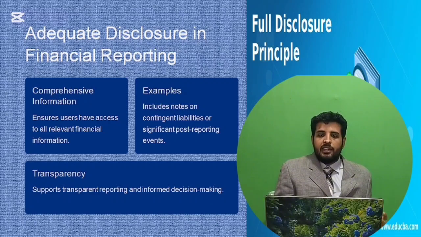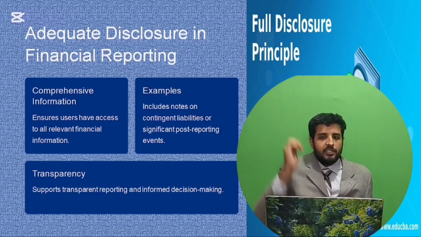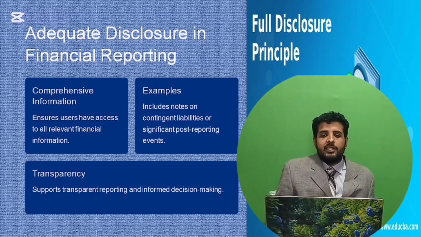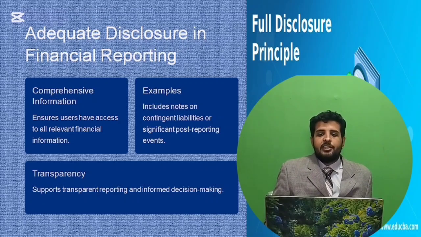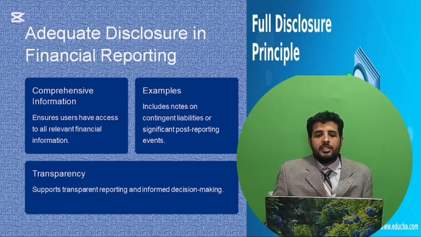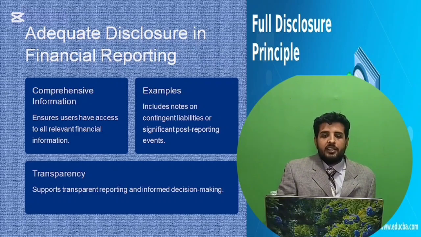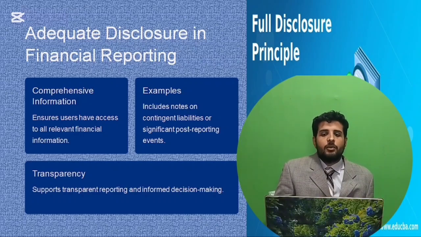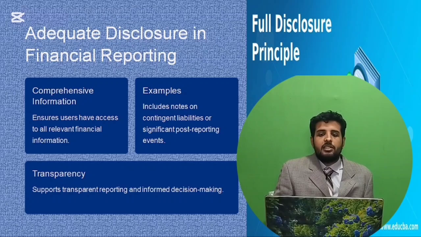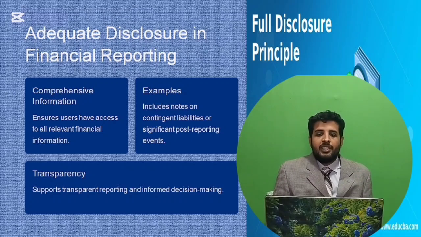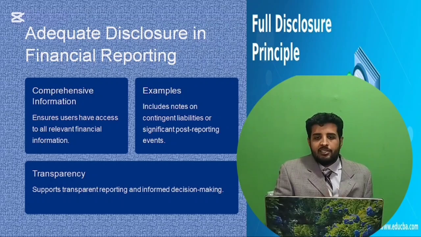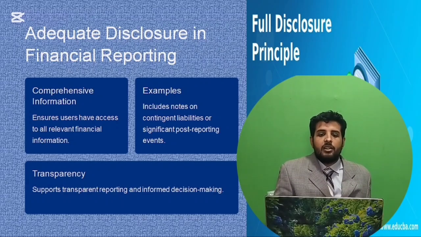Adequate disclosure refers to providing all the relevant financial information necessary for stakeholders to make informed decisions. So it is comprehensive information. Financial statements should include notes explaining the methods that were used, and providing context of significant items, such as contingent liabilities, or major events after the reporting period has begun.